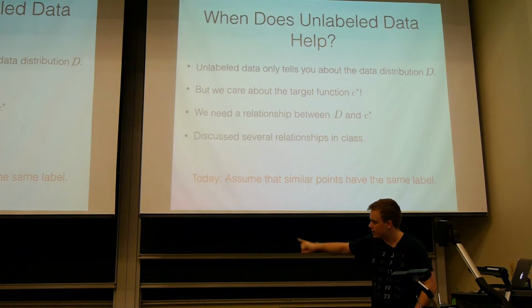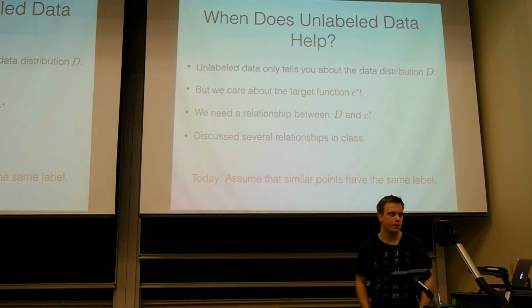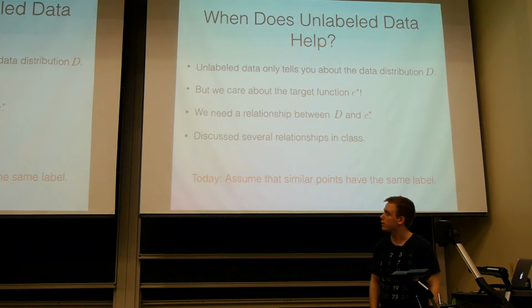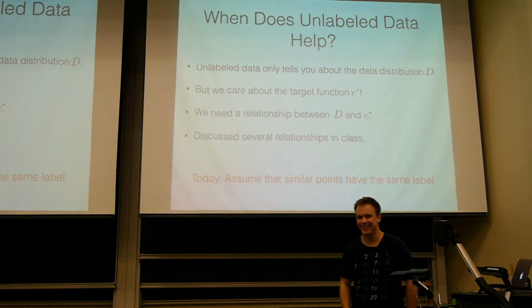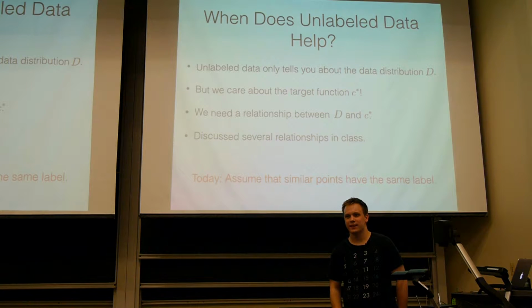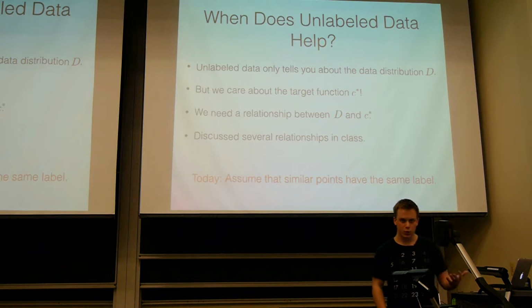Can you see why this is a relationship between the data distribution and the true labeling function? Think of how the distribution is constrained if we make this assumption. It constrains what the data distribution is allowed to do.